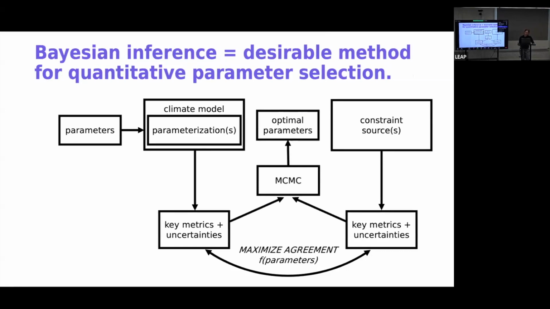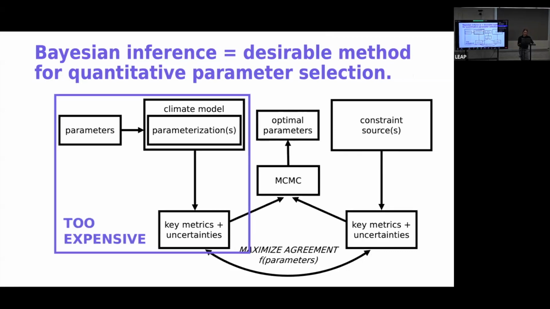So Bayesian parameter inference is a desirable method to perform this quantitative parameter selection. However, it's too expensive to directly use Bayesian inference methods in climate models because we need to run the model, say, millions of times.